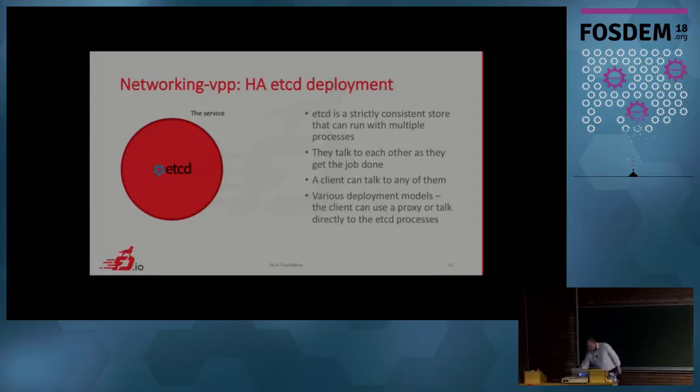So that is something interesting. Another interesting thing is it's very much etcd-centric, which means that if for some reason etcd fails, there is another one which can hand over.